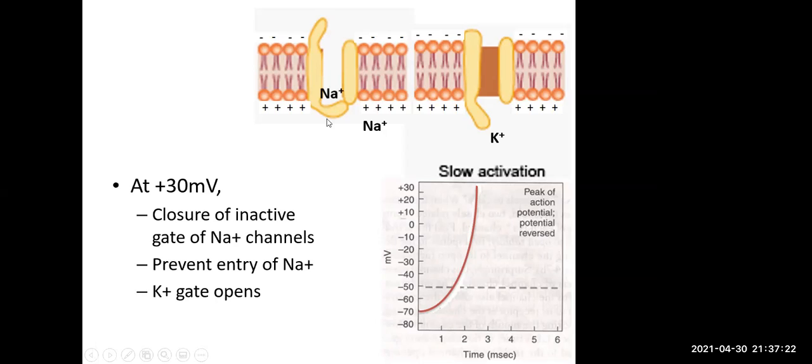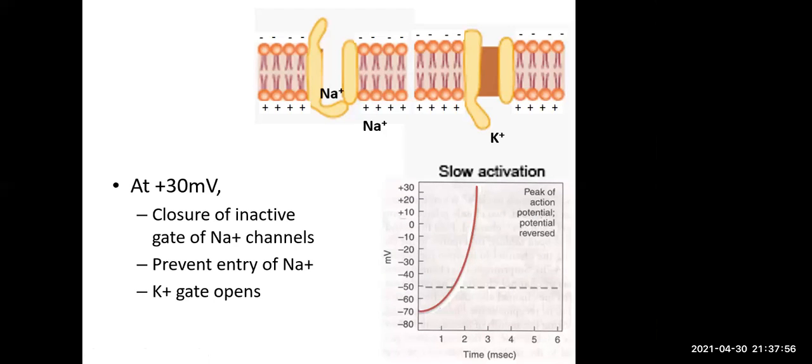This voltage gate, that's why we call it a voltage gate, responds to different potential levels. From the resting membrane potential level to the firing level, from -70 to -50. When the potential reaches -50, the firing level, the activation gate opens and sodium will enter. When the potential reaches plus 30 millivolt, the inactivation gate closes and sodium cannot enter.